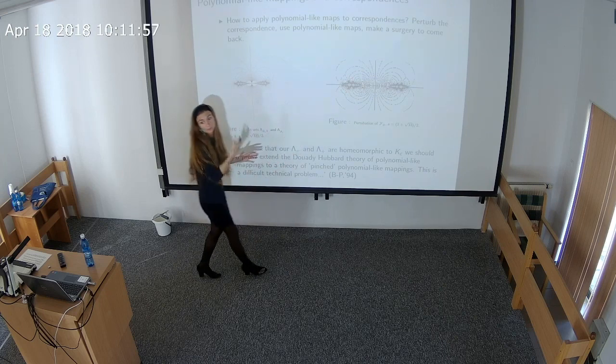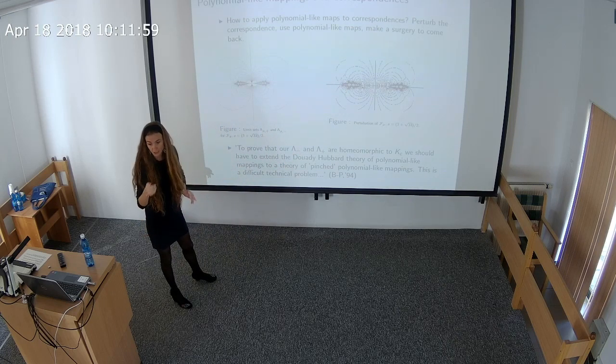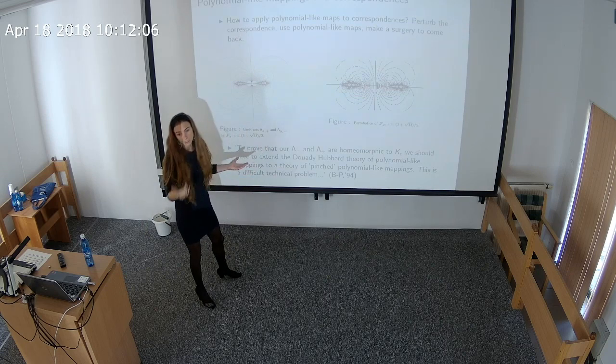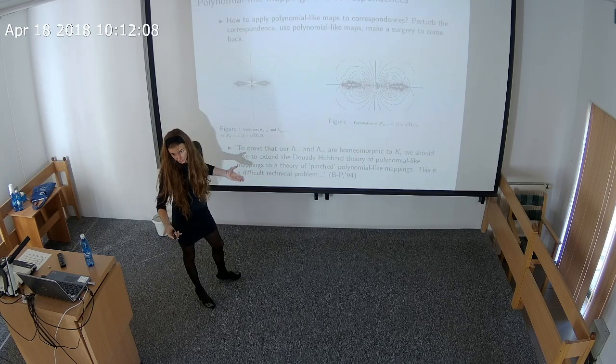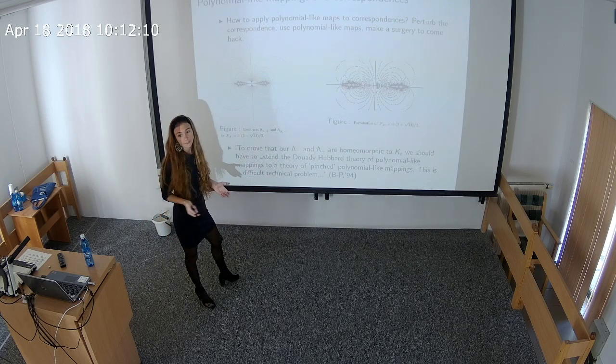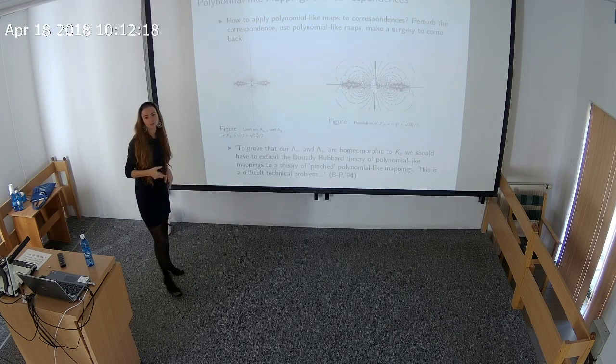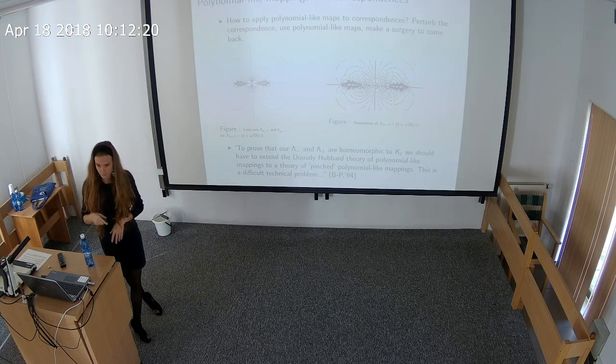You apply polynomial-like mapping, you prove then that here the dynamics of your limit set is conjugated to the dynamics of a quadratic polynomial, because it's a polynomial-like mapping. And then, for coming back to this guy, you pinch them back using a pinching surgery that Peter Jasinski developed.